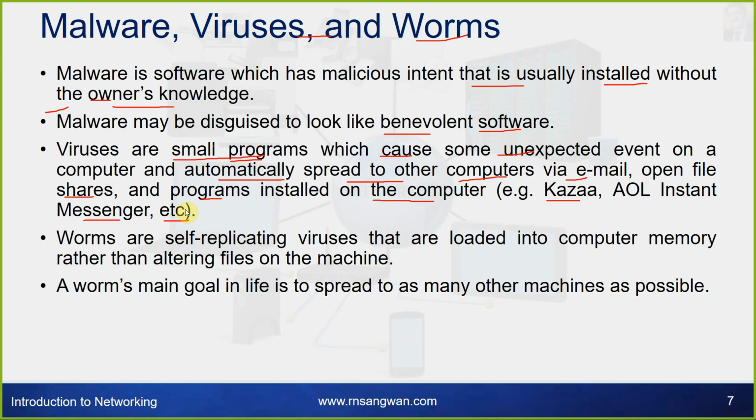So they were shocked and surprised when they got a call from the United States where their software was being used illegally. Worms are self-replicating viruses that are loaded into the computer's memory rather than altering files on the machine. A worm's main goal in life is to spread to as many other machines as possible.